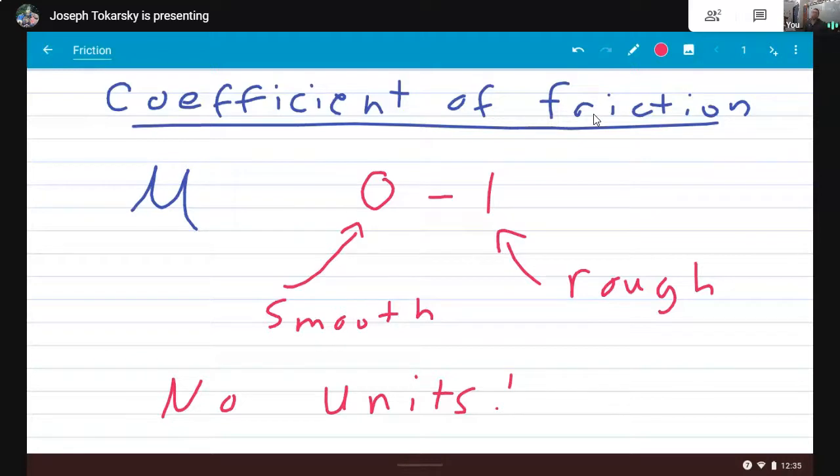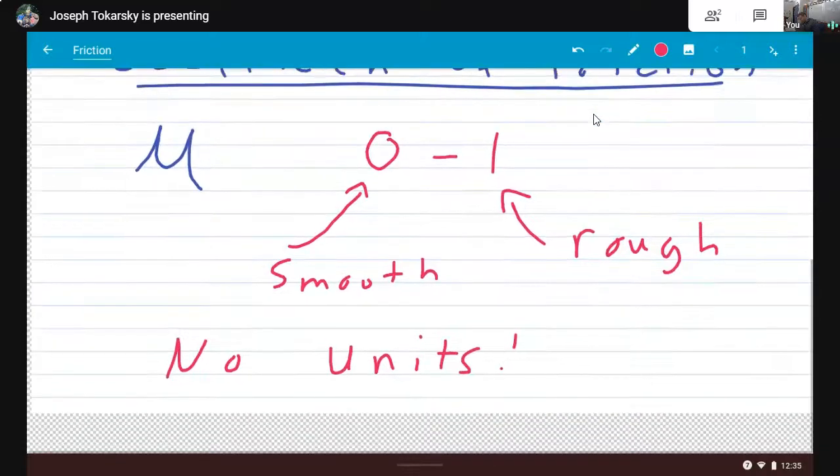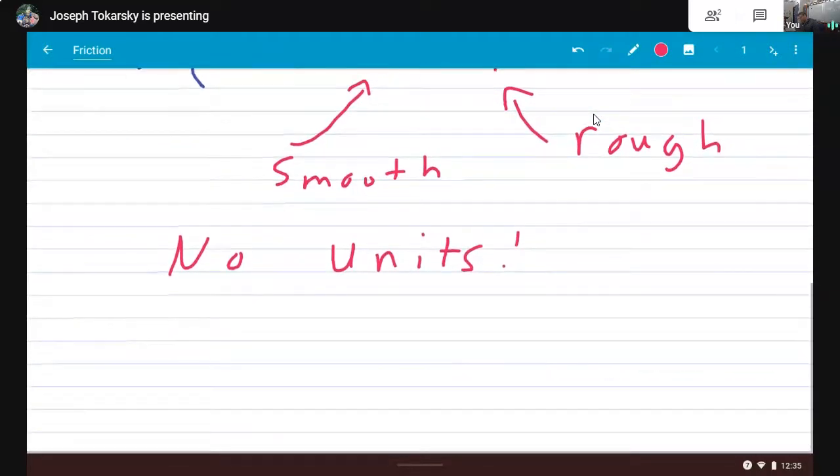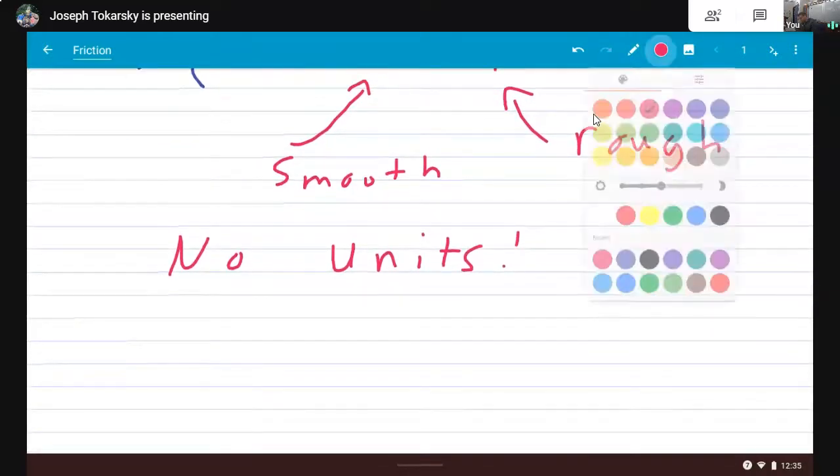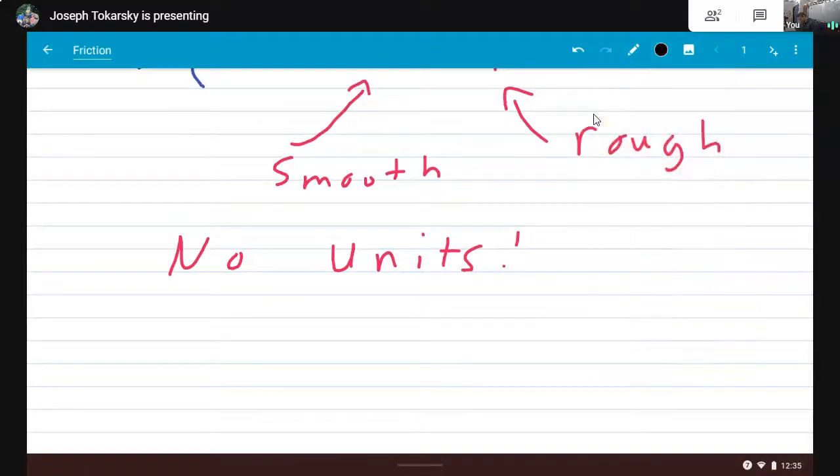But just realize that the coefficient of friction is really only part of what makes up friction. And another thing worth noting, depending on what type of friction we're dealing with, static or kinetic, the mu value, the coefficient of friction, is always higher in its static form as opposed to its kinetic form.